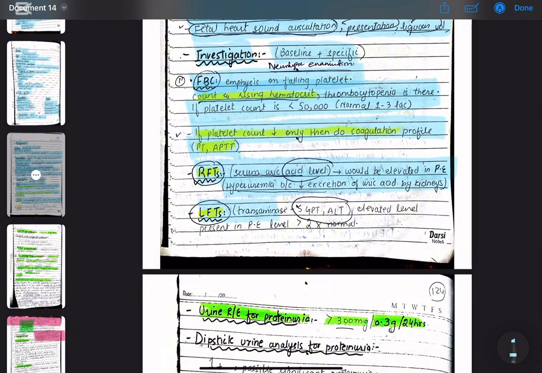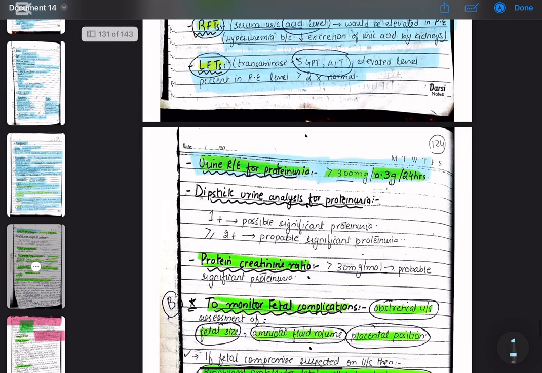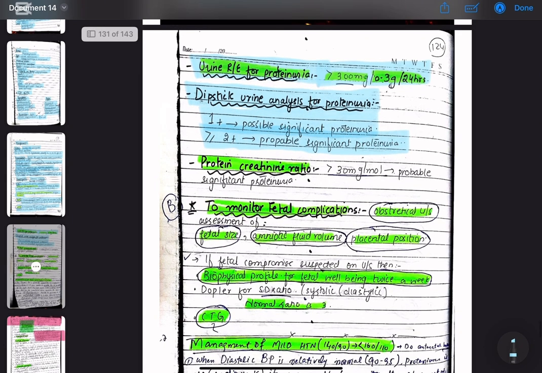LFTs are done: transaminases, serum alkaline phosphatase, and ALT elevated level present in PE. And the urine routine is done for proteinuria, which is greater than 300 milligram. And dipstick urine analysis for proteinuria: 1 plus is possible significant proteinuria, and 2 plus is probable significant proteinuria. Protein creatinine ratio greater than 30 mg per mmol is probable significant proteinuria.